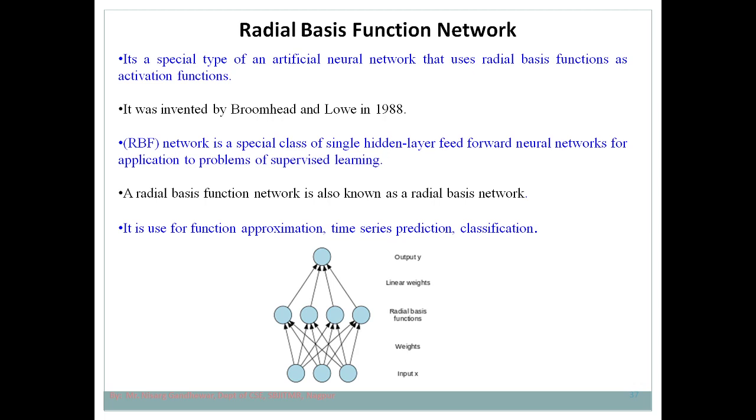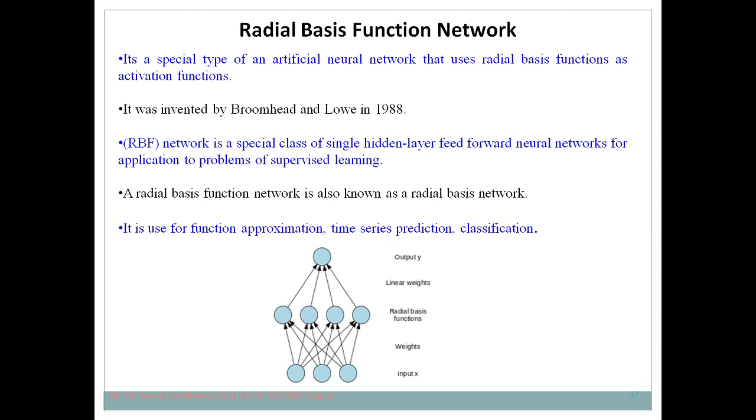So how does the radial basis structure work? Here the input x is provided, and we have deployed a radial basis function which takes the input, maps it to a specific form, and then provides it to the hidden layer, and then finally we get the output. As I told you earlier, a radial basis network is a network which makes use of a radial basis function as an activation function, and it consists of one hidden layer.